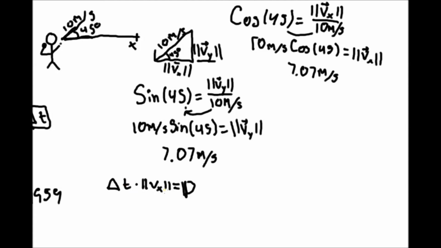So now let's just multiply 0.71959 by 7.07 for the velocity on the x, and if you could get out your calculator and solve for that, you should get approximately 5.09.